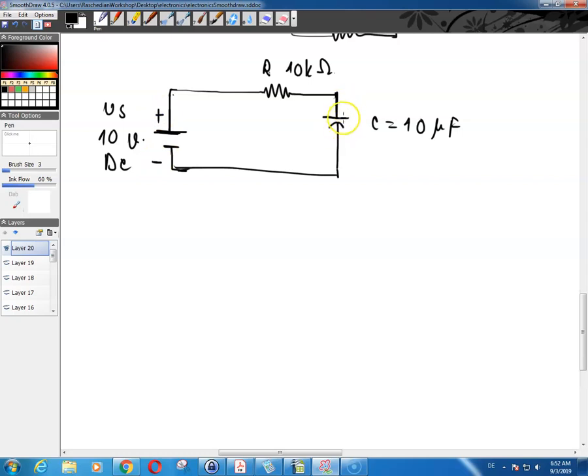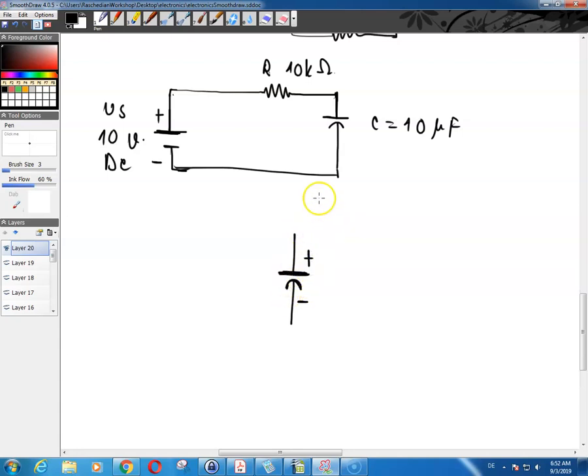Again, when you draw your capacitor like this, there are basically two poles. The positive side of the capacitor is shown using this straight line segment, and the negative side of the capacitor is shown using this curved line segment.